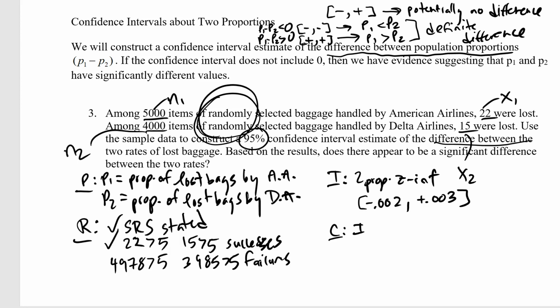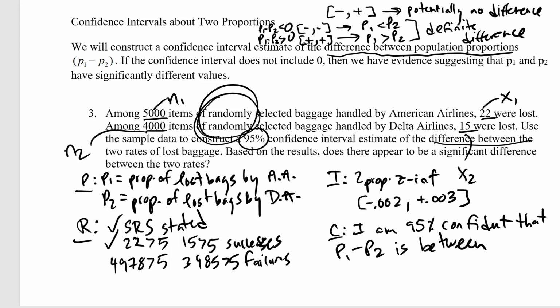But you say, I am 95% confident that the difference in the proportions, p1 minus p2, is between negative 0.002 and positive 0.003.